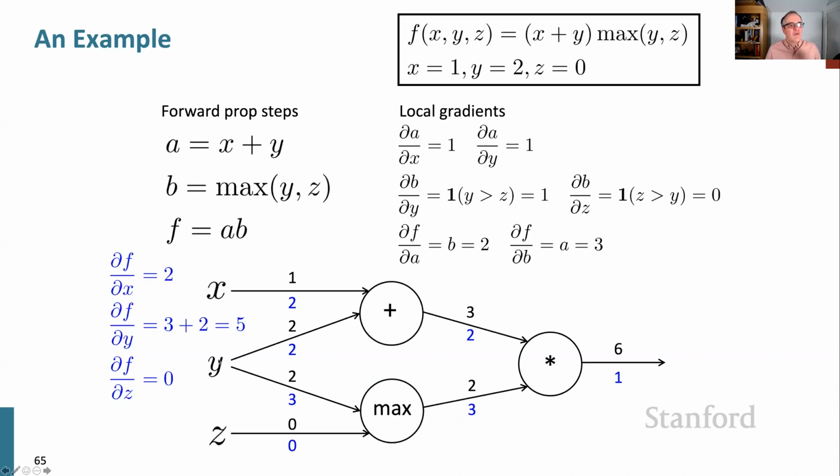Conversely, for the value of y, we find the df/dy equals 5. It's what we do when we've got two things coming out here, as I'll go through again in a moment: we're summing the gradients. So we're getting 3 plus 2 equals 5. And empirically, that's what happens. If we consider fiddling the value of y a little, let's say we make it 2.1, then the prediction is that it'll have 5 times as big an effect on the output value.